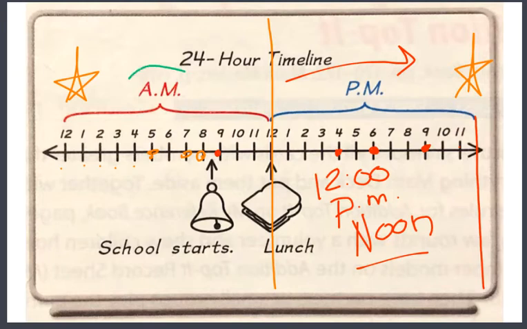So we wake up in the a.m., we eat breakfast in the a.m., we start school in the a.m., we do our morning work and our reading and writing in the a.m., and then in the afternoon, in the p.m., we eat lunch, we eat dinner, we do our math in the p.m., we eat our dinner in the p.m. at nighttime.